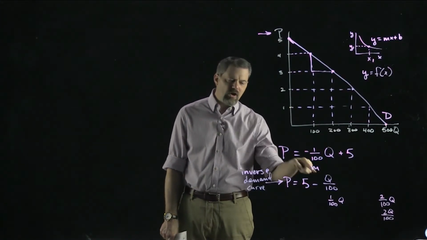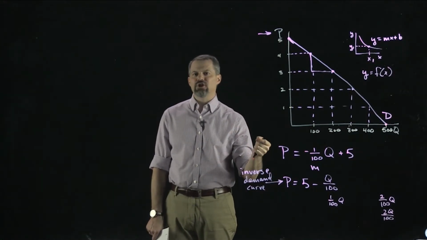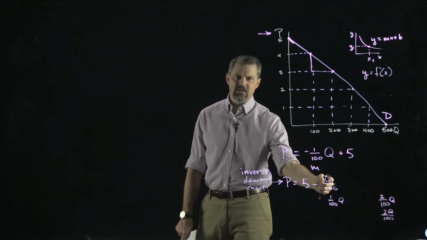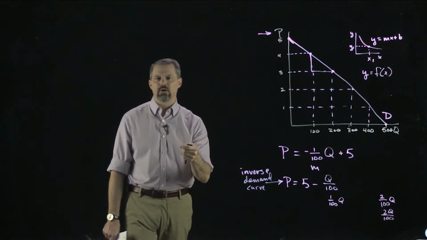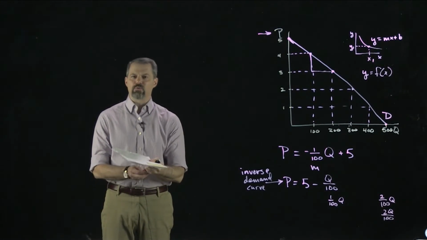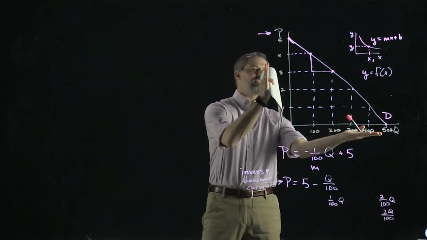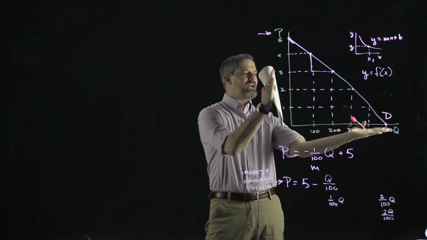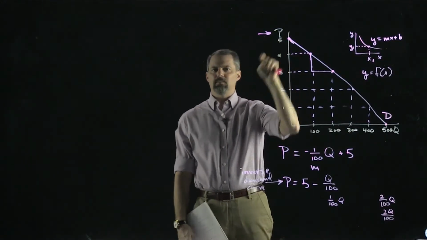We need to solve that for q, and then we'll get a function that has p on this side and q by itself, which fits with the story we tell. When we do that, we're inverting a function. Essentially you're taking this picture and flipping it around. You're making the horizontal axis the vertical axis. You're inverting it, and that puts q up here.